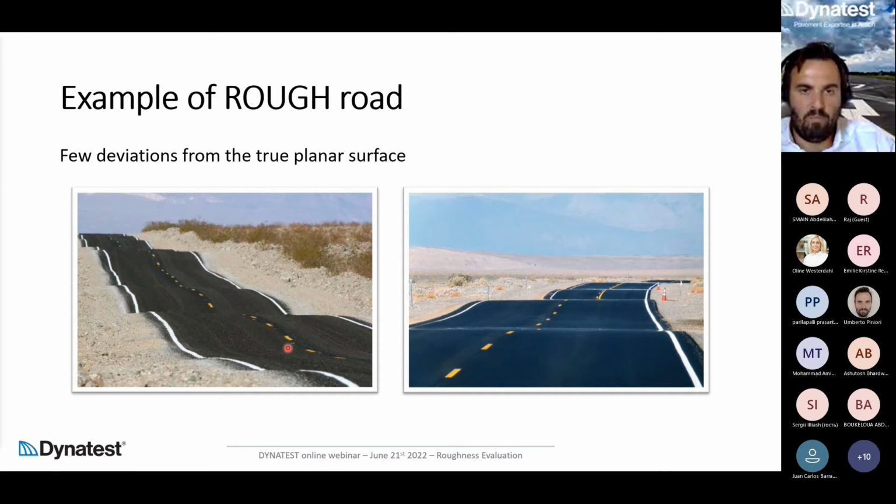So these small bumps will affect the roughness a lot, and the driver and passengers will feel a lot of bumps inside the car. So the road roughness will affect passenger and driver comfort a lot. This is exactly what we want to measure and what the equipment can measure.